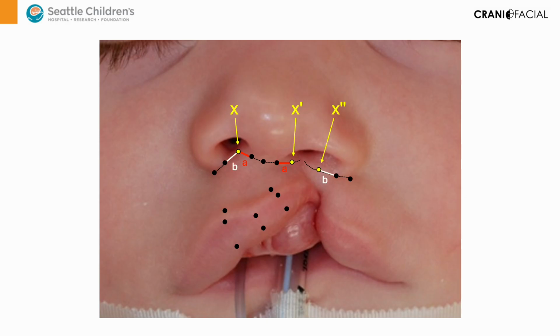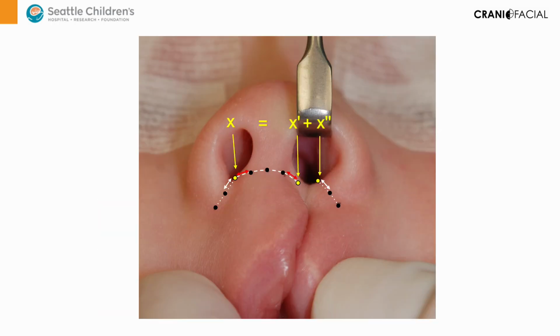And on the lateral side, again reflecting from the non-cleft side to the cleft side, we have the same distance from the alar base landmarks to the new point of closure along the nasal floor. And so when we bring these two points together, it should produce the nose that we want.